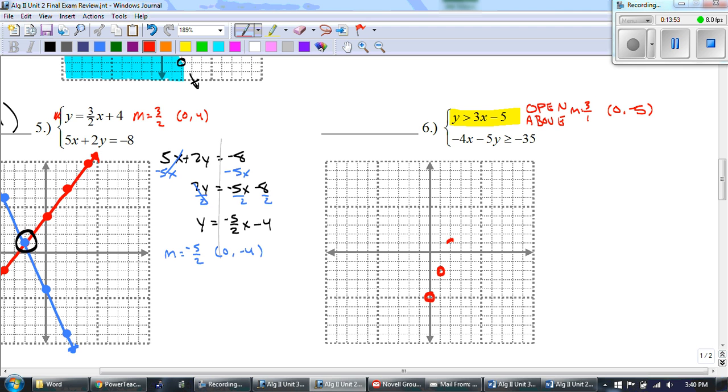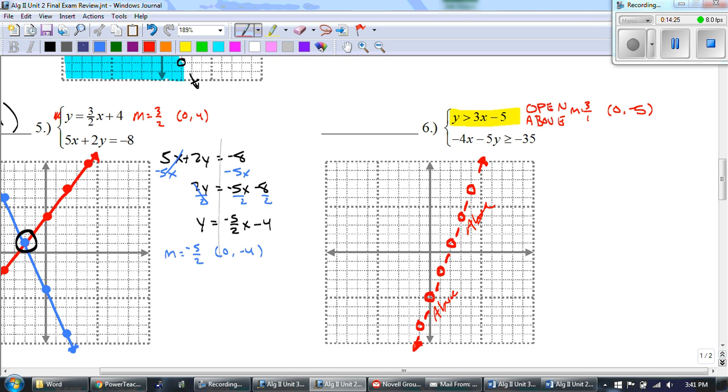Up 3 over 1. I'm going to make a dashed line because this is open, and a little note to myself that I have to shade above.